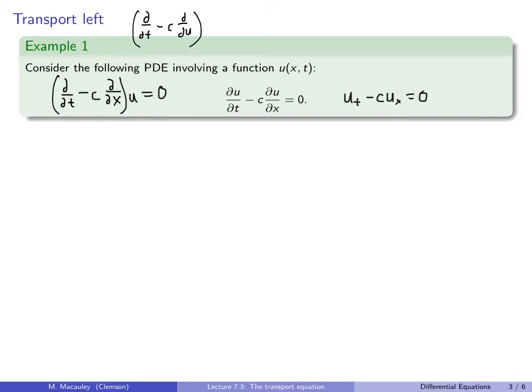So think of this as something that I can attach onto u, and if I do that, I get the u sticks on. So du/dt minus c times du/dx, oh sorry, this here should be an x, du/dx.